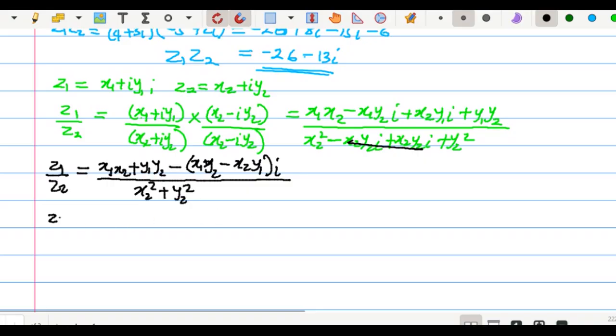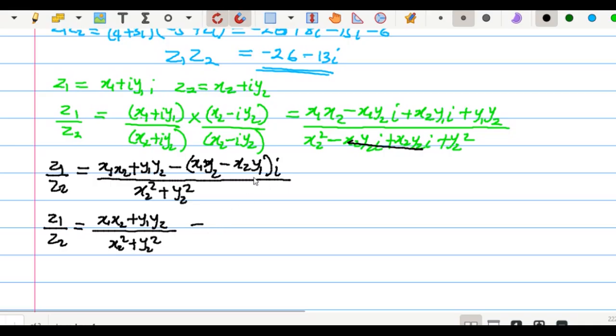So I can still split this. When I split this, I'm going to be putting the real part together and the imaginary part together. So this is x1 x2 plus y1 y2 divided by x2 squared plus y2 squared.